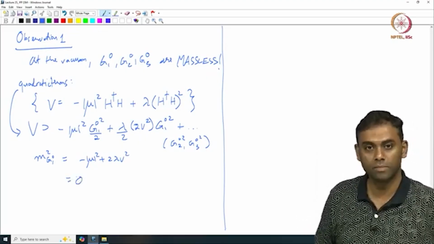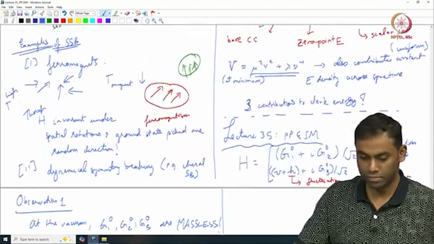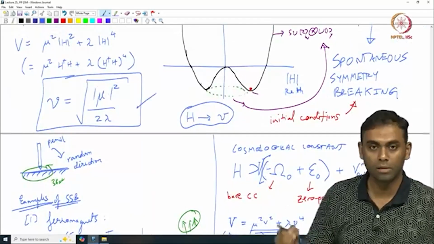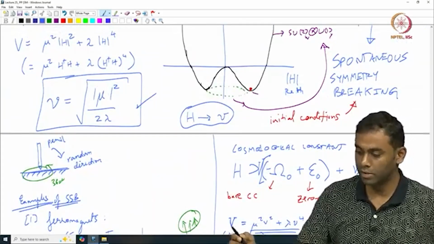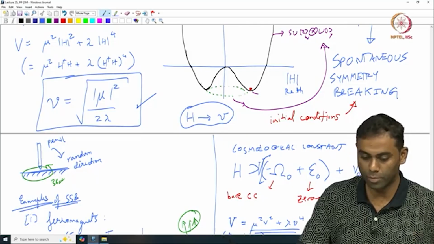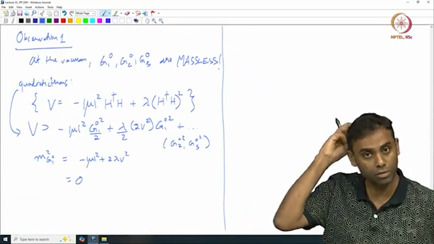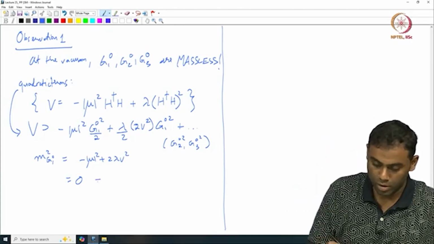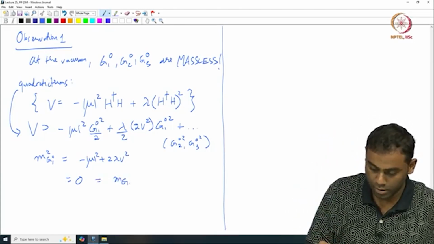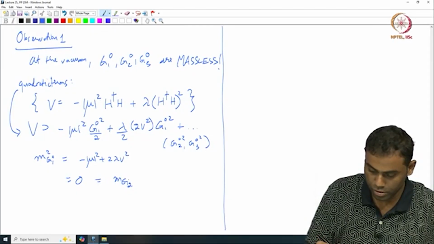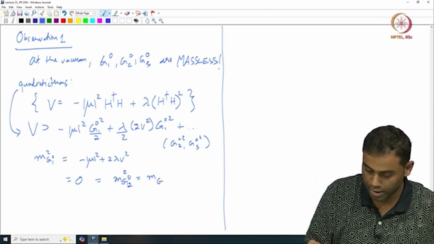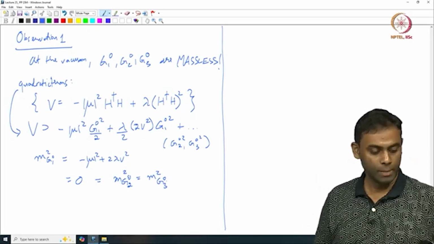That is 0, right, that is exactly what we got when we minimized the potential. So, I plugged in the V and I get it as 0. So, again without loss of generality, that is also mg2 squared and mg3 squared, good.